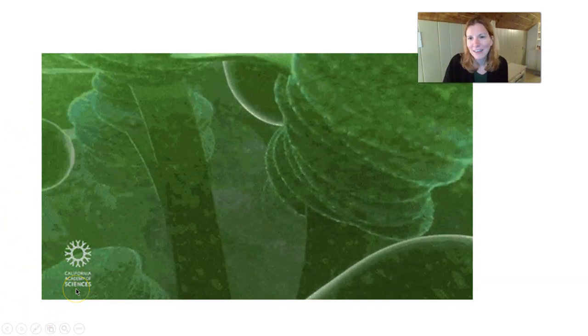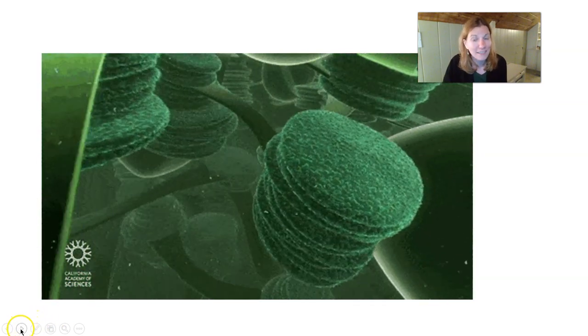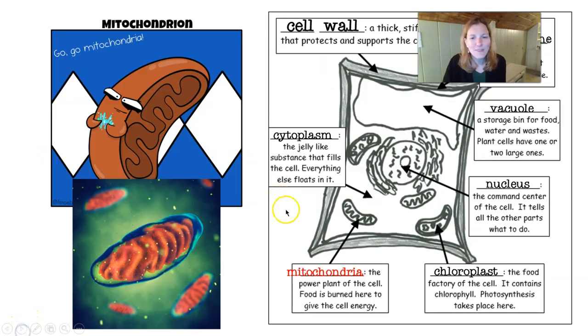And we'll get into more detail later about how it does that process. It's pretty complicated, but that's what's happening in every one of those chloroplasts. And then once the food is made in the chloroplast, then it goes to the mitochondria. And just like in the animal cell, those mitochondria are the mighty mitochondria that make the food for the plant.